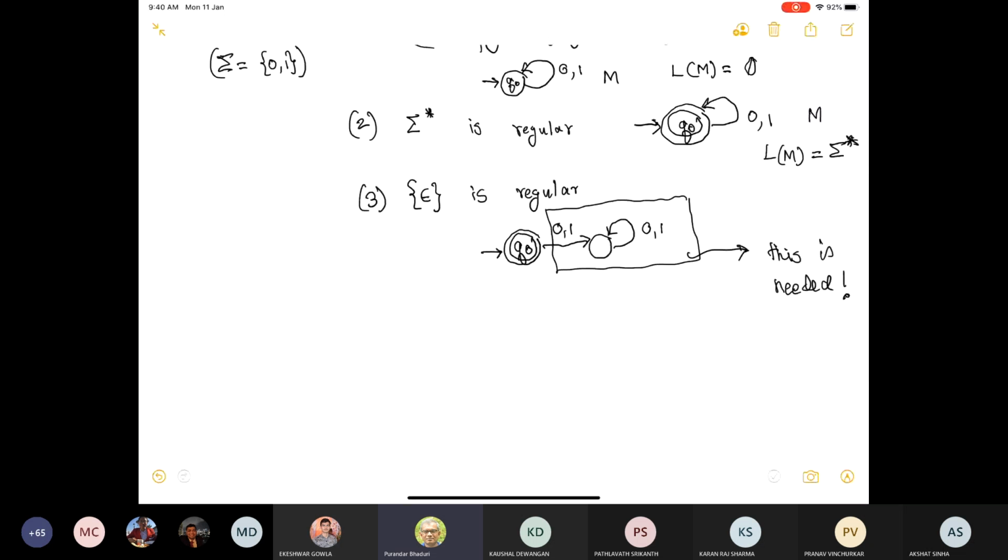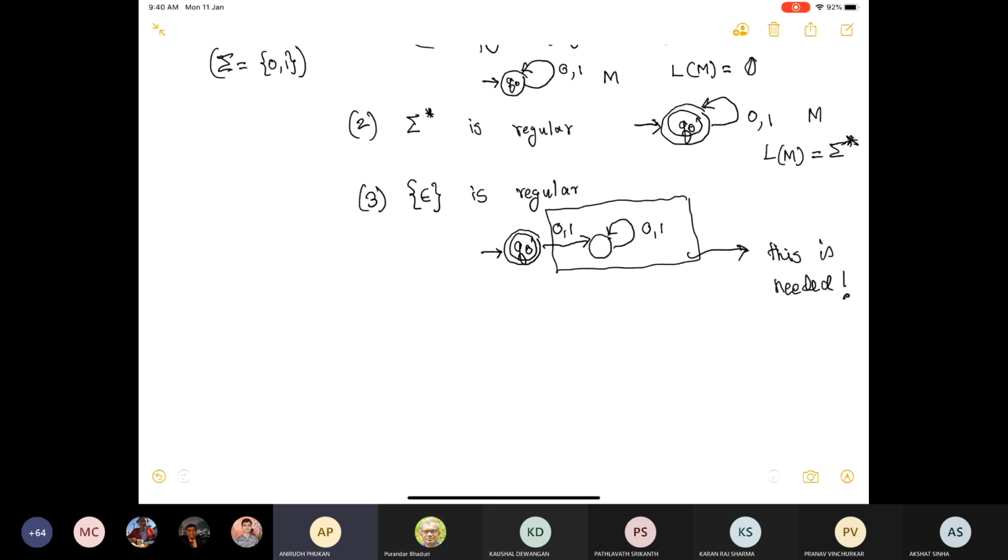You cannot drop that part. Why? Anyone? Because then the language would change to sigma star, because all strings can be accepted.